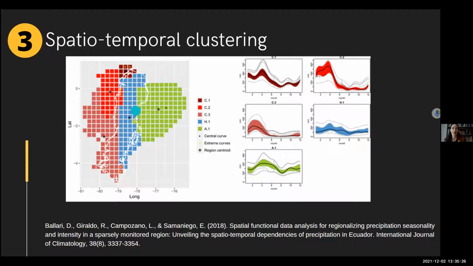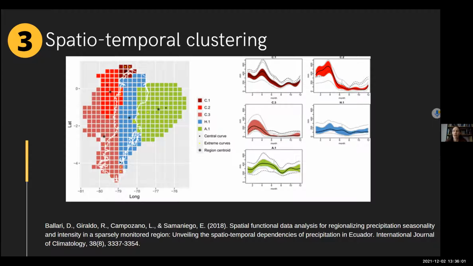So on one side, we have the spatial regions, but also the temporal similarities that we have in time. And we can find a central curve on these curve distributions for the climatology that best represents this region. So on the one side, we found these big regions for Ecuador that represent the seasonality of the precipitation.